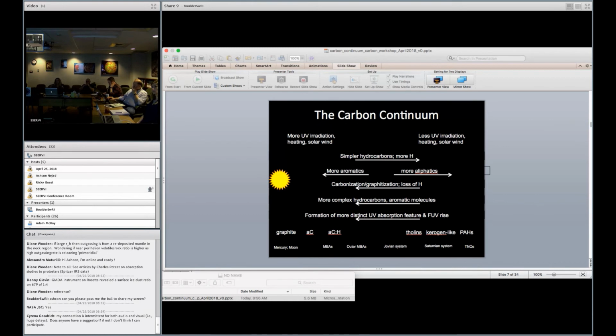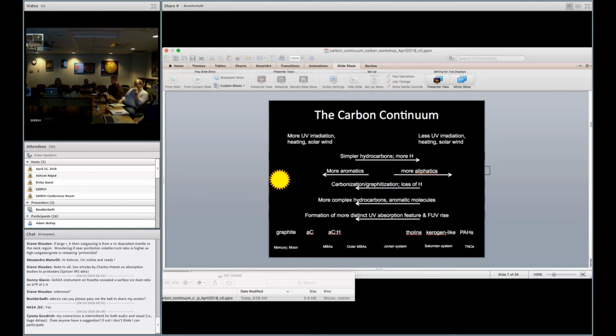And so this brought us to come up with a concept called the carbon continuum, where in our solar system we think that we may be able to see a reflection of all of this processing in the carbon species that we see on the surfaces of a lot of the bodies. Closer to the sun, where we have more UV irradiation and heating and more solar wind, we ought to see more complex hydrocarbons, more aromatic, and more carbonized species.